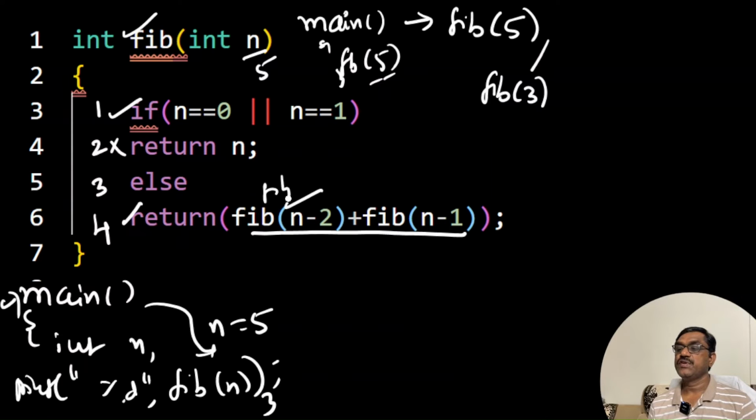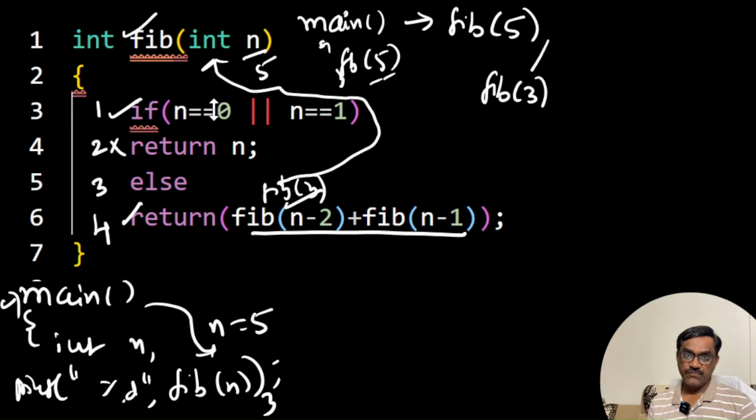Now when you call fib of 3, the control again goes back to fib. We are already in the fib function with n value 5. Next we are moving to the same function by calling it as fib of 3. Okay, first we are talking about fib of 3. Next we go for fib of n minus 1, right?